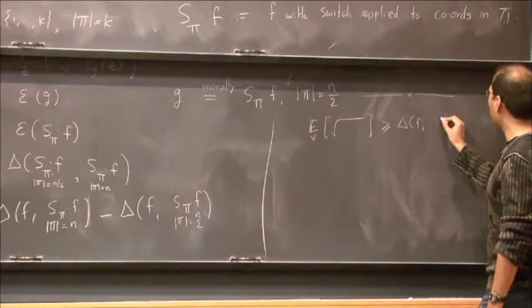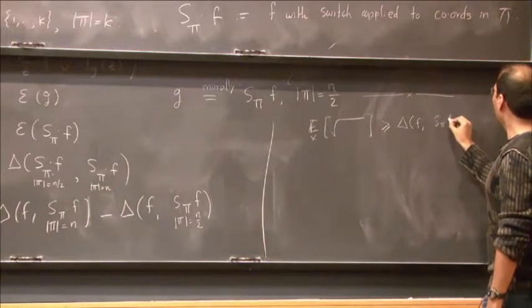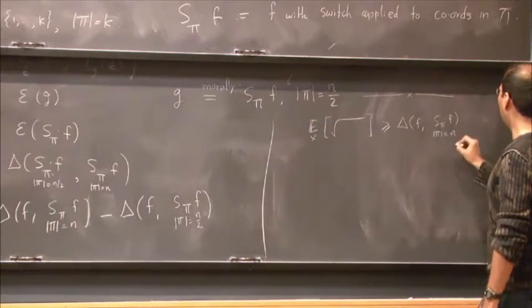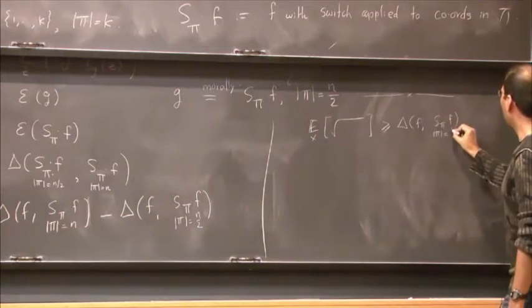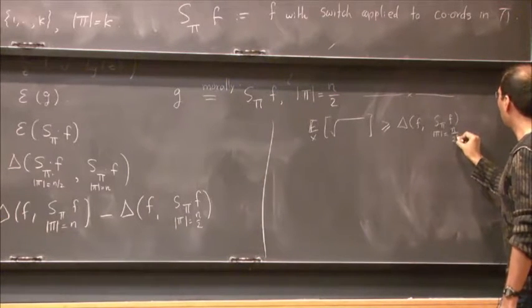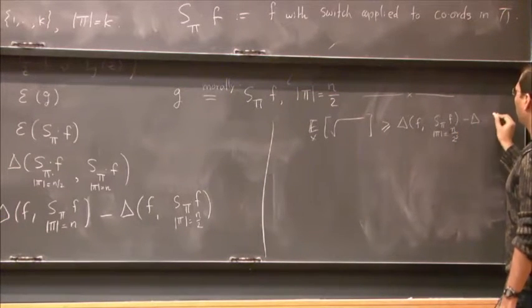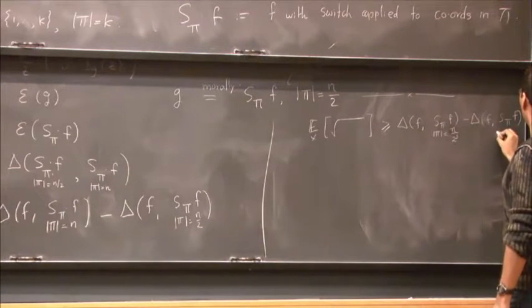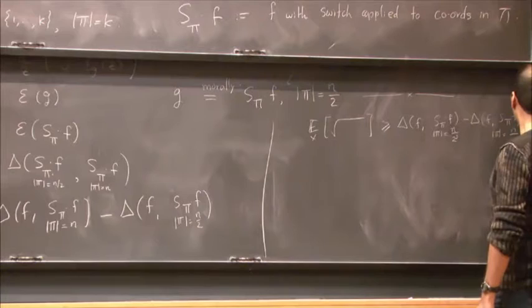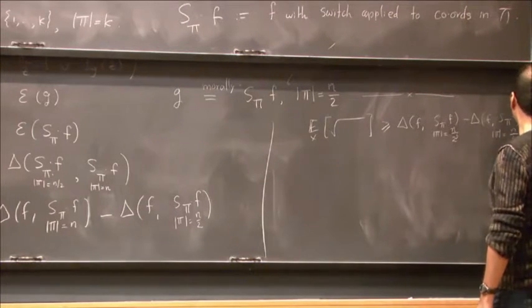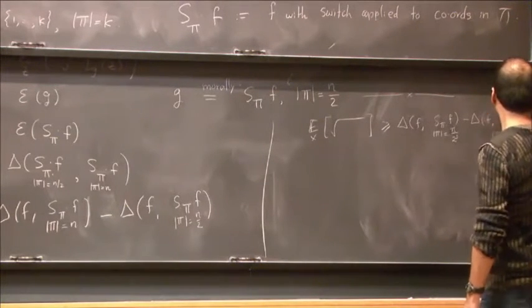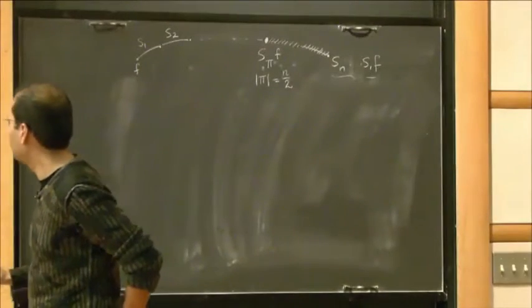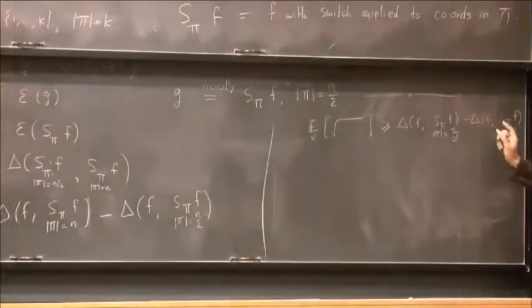So the distance from f to s pi f, size of pi is n over 2 to the j, minus the distance from f to s pi f, size of pi is n over half of that, n over 2 to the j plus 1. For any value of j, we will get it.